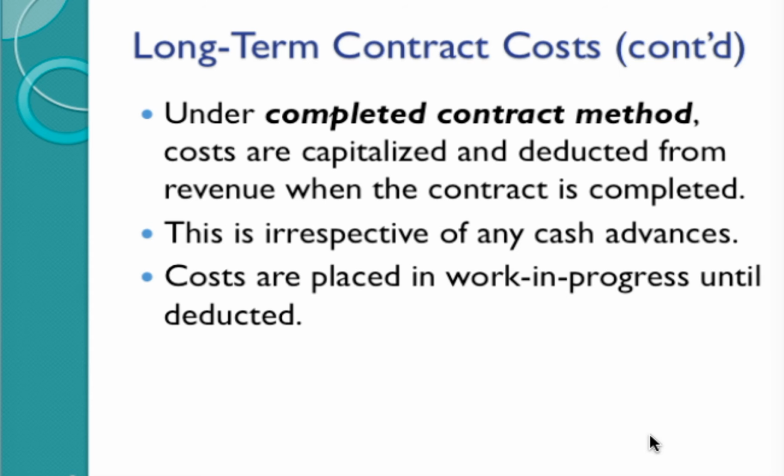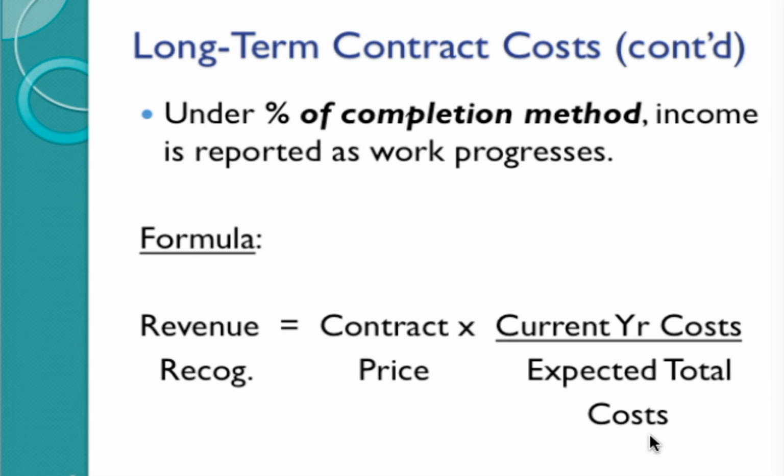Under that method, as costs are accumulated, they build up in the work in progress account until the final contract is completed, and that's when they would be deductible. Under percentage of completion, you report income as the work progresses year to year.